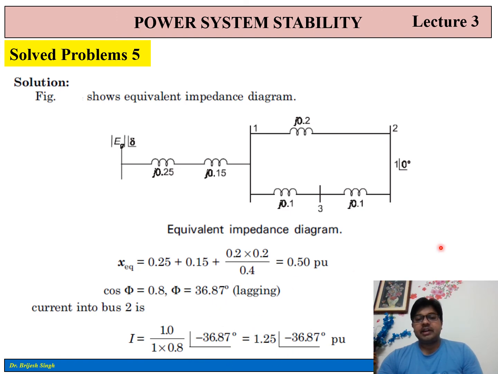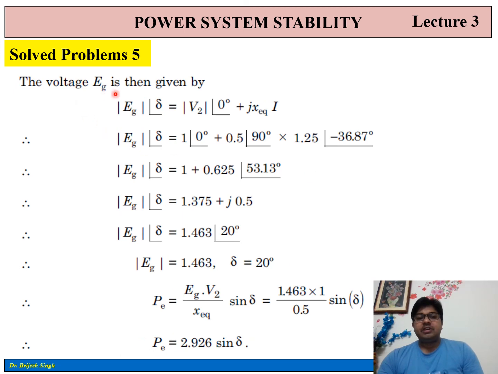So we will get directly the current entering the infinite bus. Now voltage Eg is given by Eg angle delta, then Vg is equal to 0 plus this one, by simply writing the mesh equation for the entire system. By solving this, you will get Eg equal to 1.463 and delta equal to 20 degree.